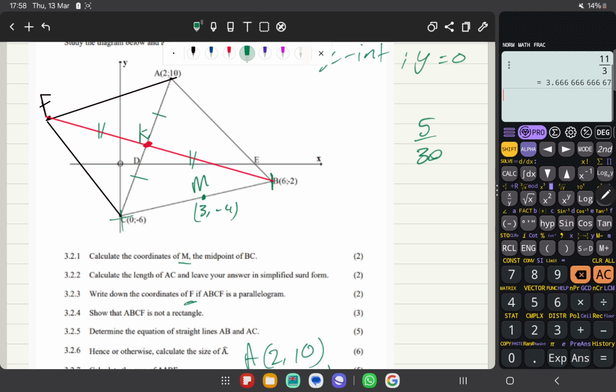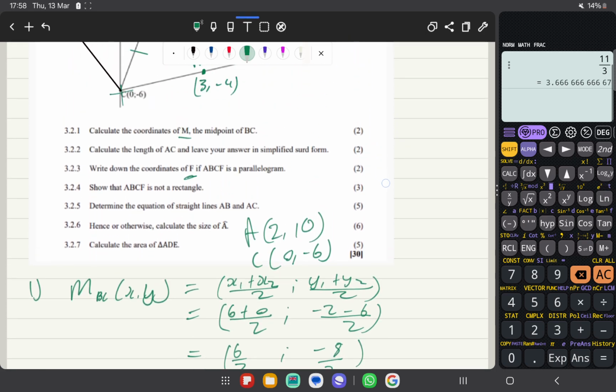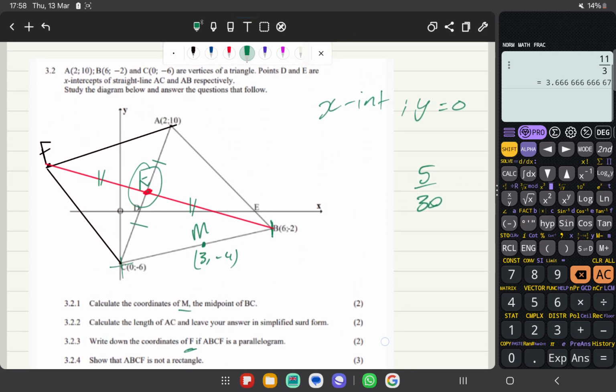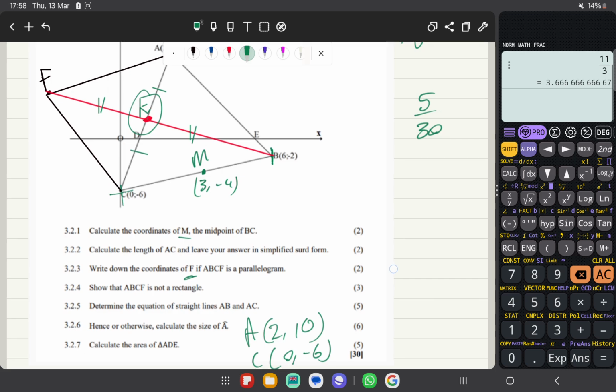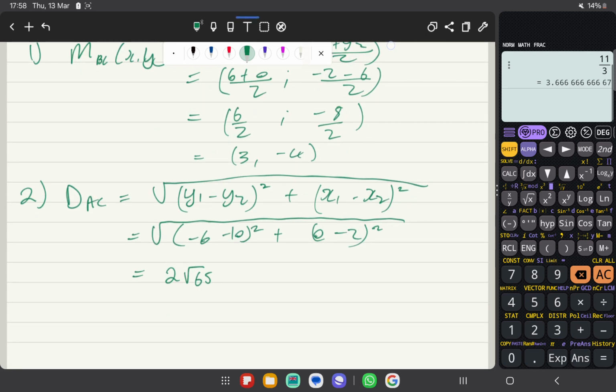Probably there's a short way of getting the answer, but I don't know. So my mind is telling me, first I'm going to find the midpoint K. After finding K, I'm going to use B and K to find F. Let's go. So the midpoint here, AC. Don't have space.